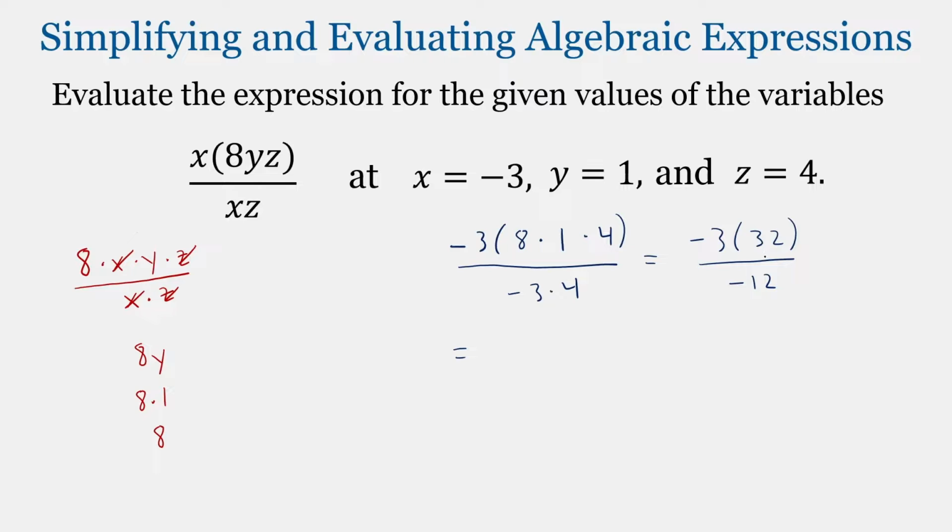Negative 3 times 32 is negative 96, all over negative 12. 96 divided by 12 is 8. And negative divided by a negative is a positive. And we get 8.